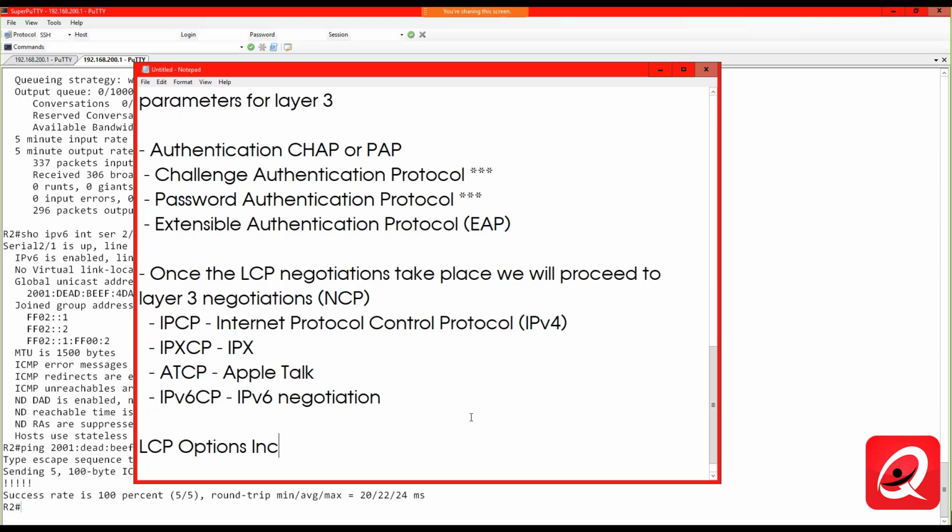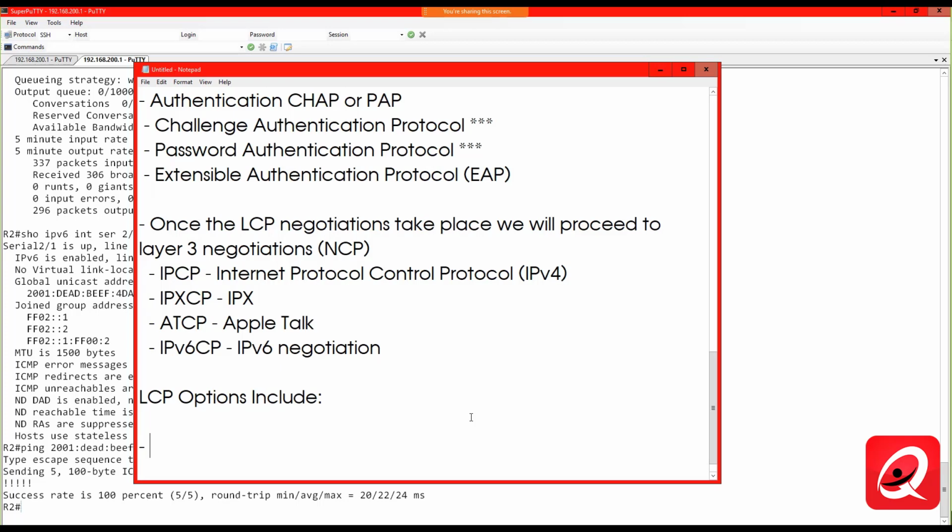So LCP options include the following. Number one, authentication. We already mentioned that. The peer routers can exchange authentication messages, and we can use PAP as an authentication option, or we can use CHAP as an authentication option. And we'll talk about the specifics of authentication a little bit later on.